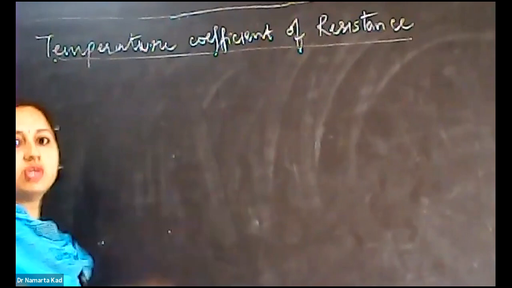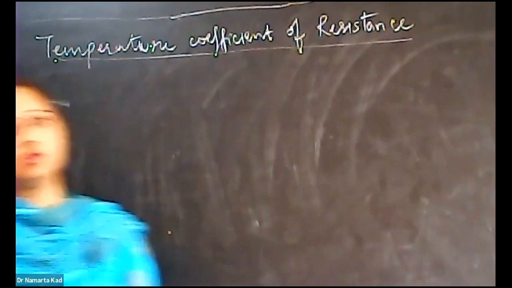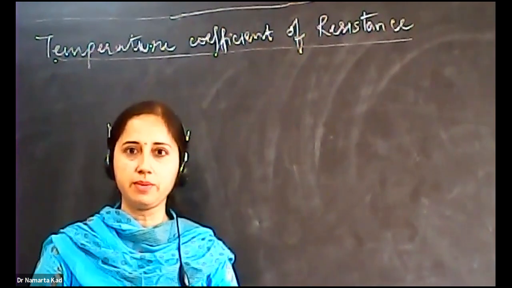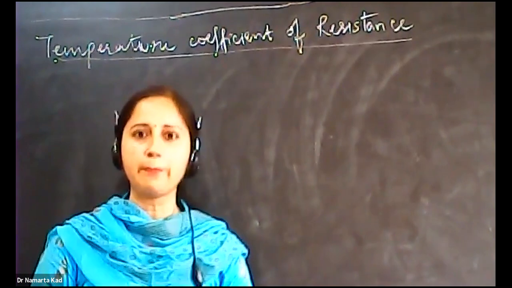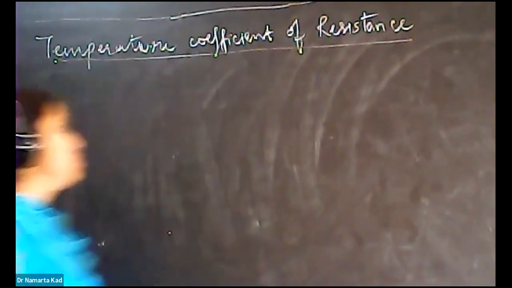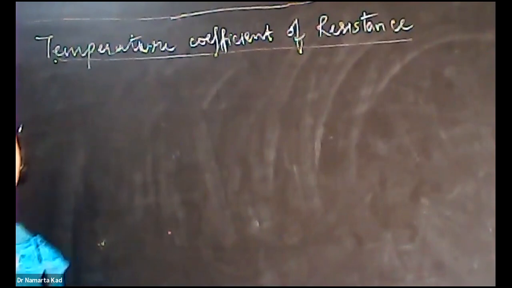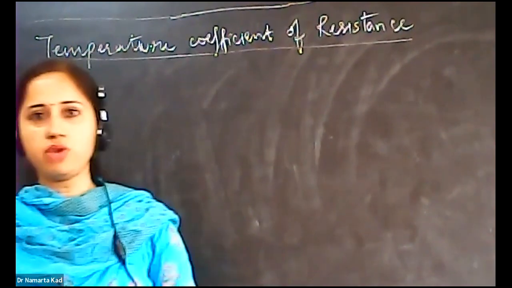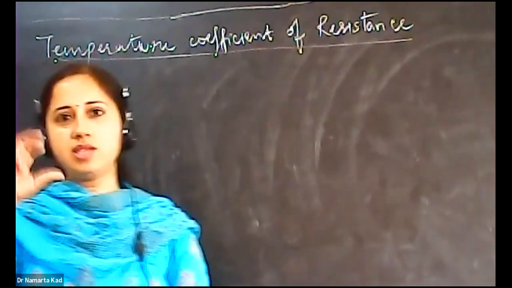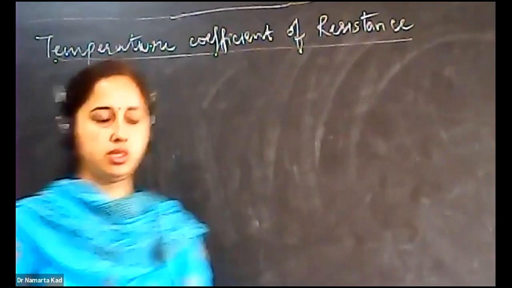Okay, the next topic is temperature coefficient of resistance, and in this we are going to define the temperature coefficient of resistance whose symbol is alpha. Okay, so before defining what is the temperature coefficient of resistance, let's have one small derivation.